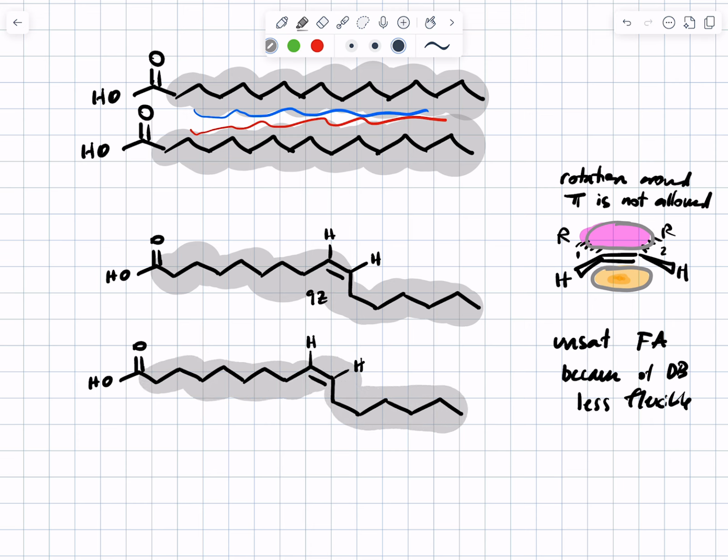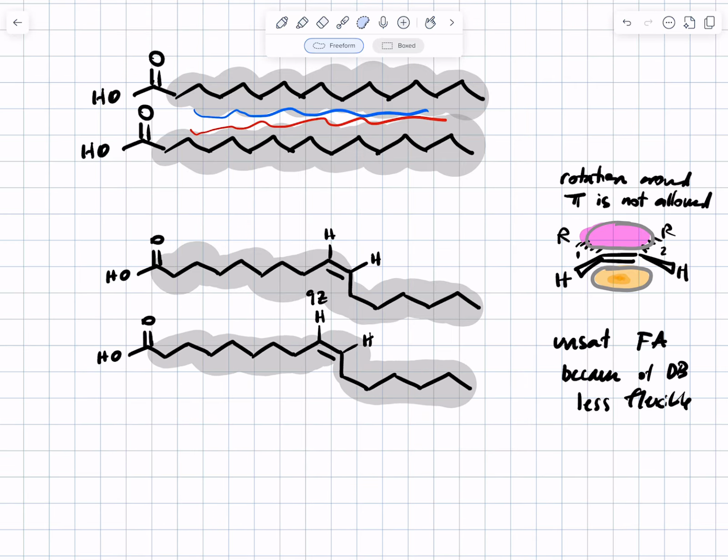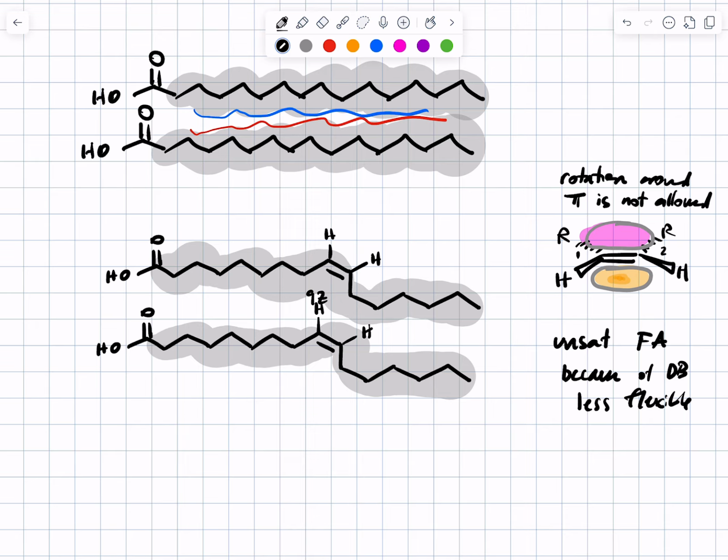In other words, because of the double bond, unsaturated fatty acids can't get as close to each other. And therefore, their contact surface area is a little bit weaker, and the strength of the interaction is smaller. Okay? So the presence of a double bond makes it so the individual fatty acid chains can't get as close to each other. That decreases the strength of the van der Waals interaction, so you don't need as much energy in order to move the molecules apart.